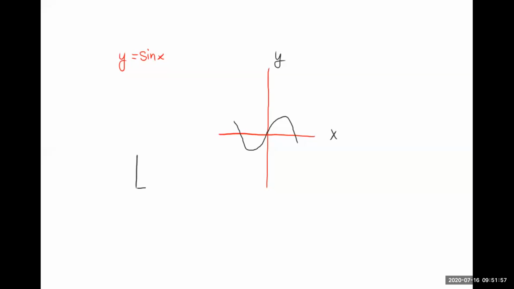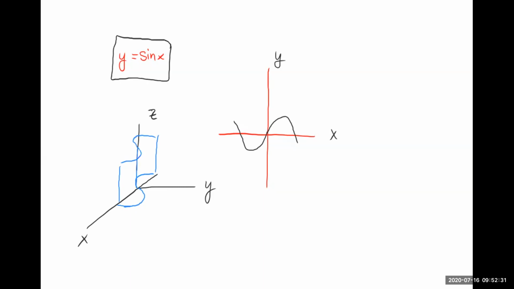Inside three-dimensional space, we have x, y, z. This graph here would look something like this. And if we move it in the z direction, what we are going to get is something like this. And the equation in the plane is still independent of z, so the equation is still this.